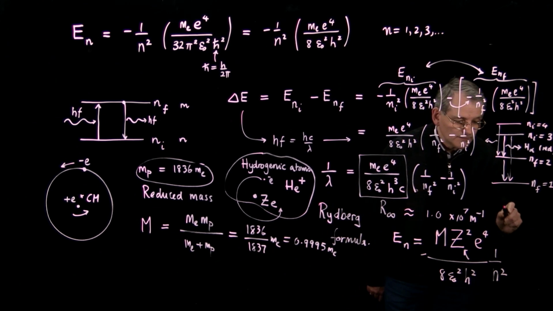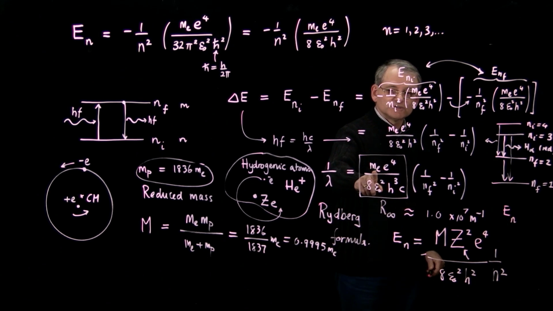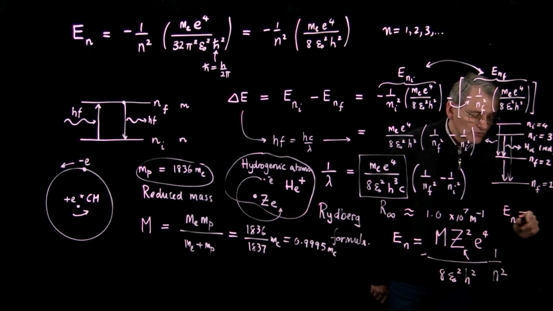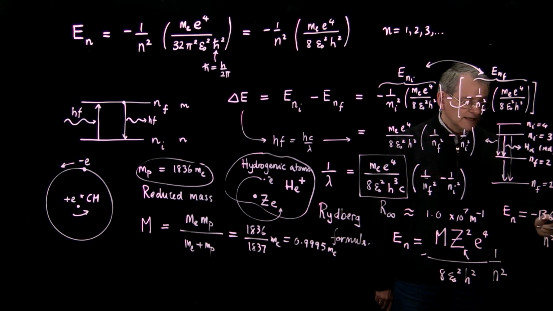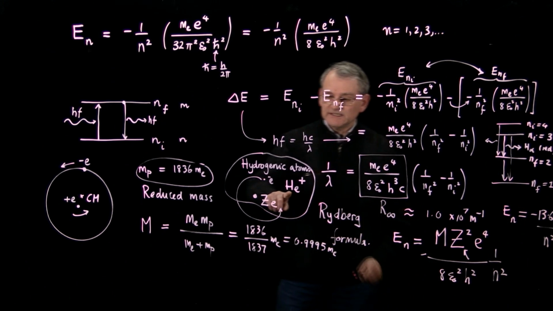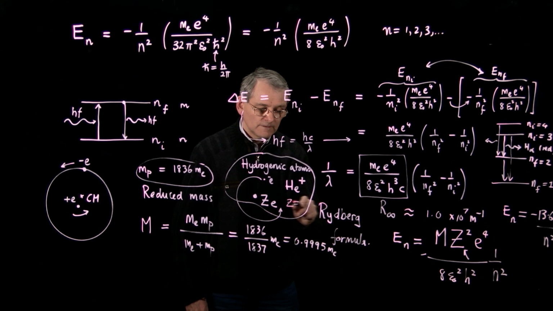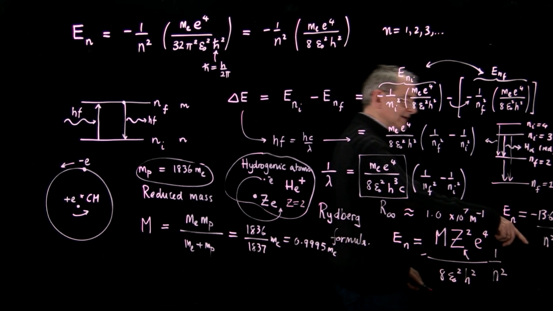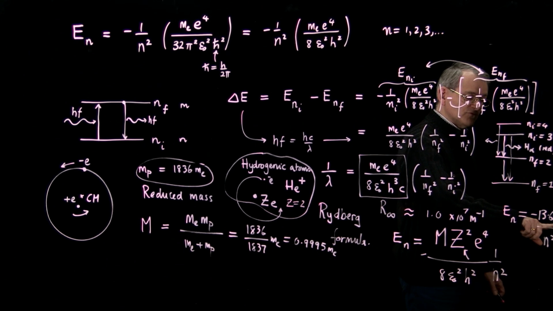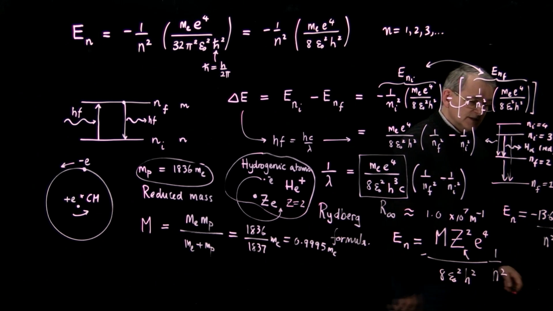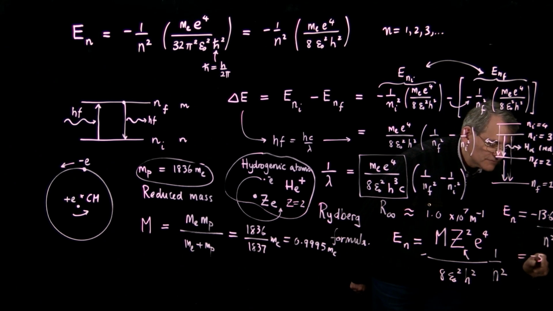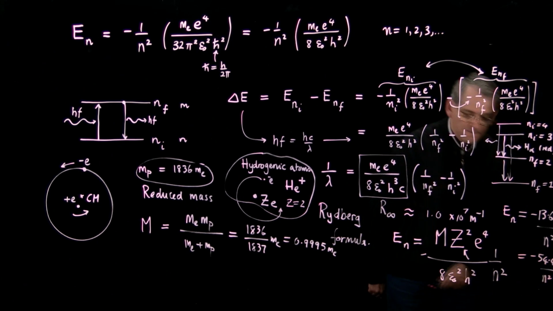So approximately, the energy, assuming that the mass is very close to the mass of the electron, to a very good approximation is minus 13.6 Z squared on n squared. And if Z is equal to 2, such as you have with the helium ion, then it's Z squared, which is 4 times 13.6. And so this gives me minus 54.4 on n squared electron volts.